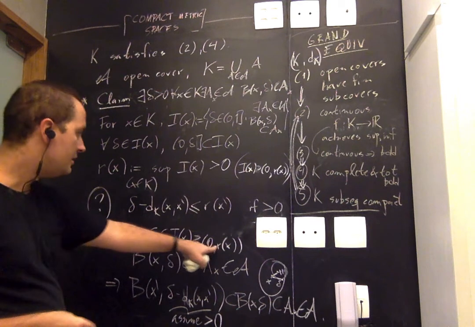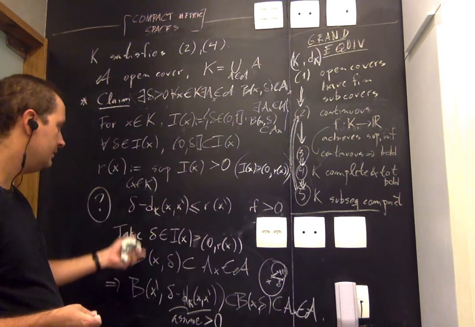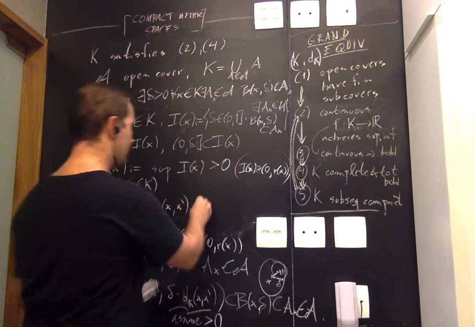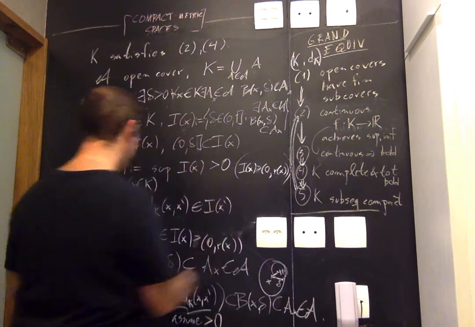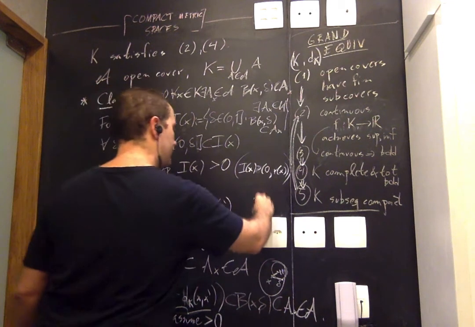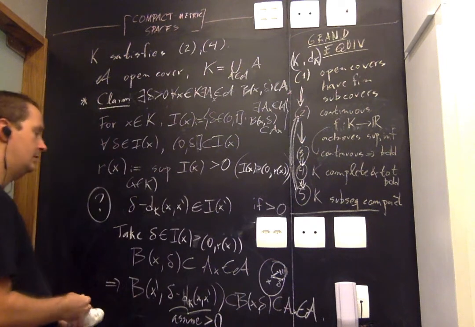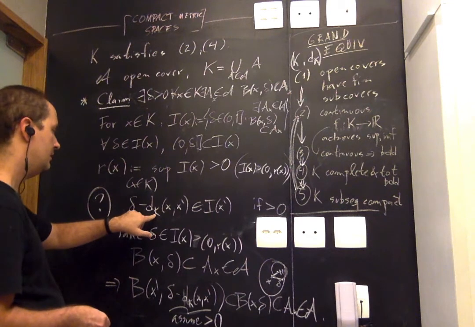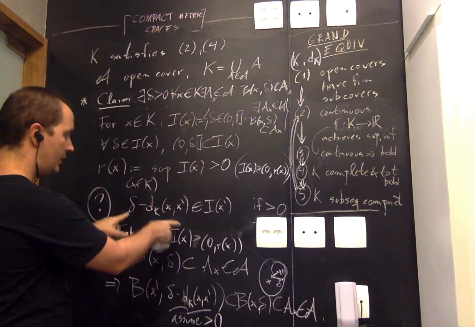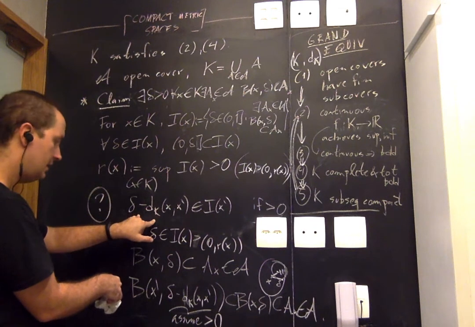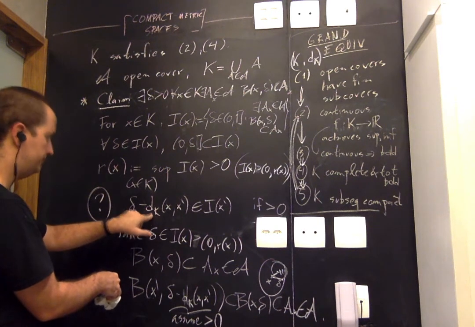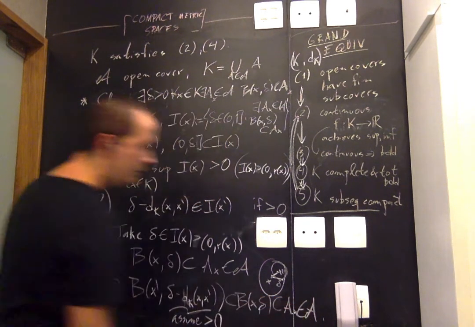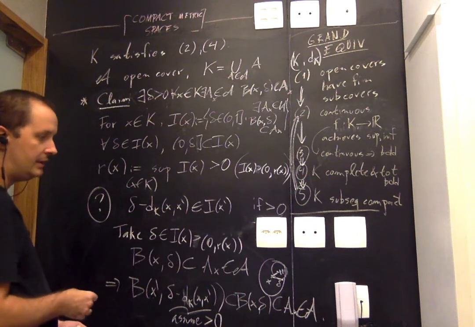And now delta is any number less than r of x. Before, I said that this thing here belongs to I of x prime because this is a positive number. And when I look at it, I can see that a ball of this radius around x prime is completely covered by an element of my open cover.